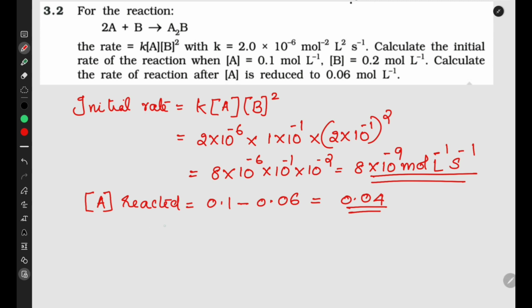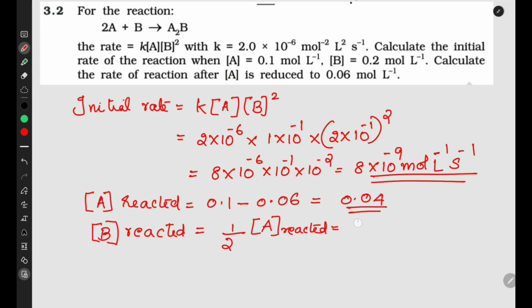So here the amount of A reacted is equal to 0.04 mole per liter. So concentration of B reacted will be its half according to the equation. They are in the ratio 2 is to 1. So half of concentration of A reacted.